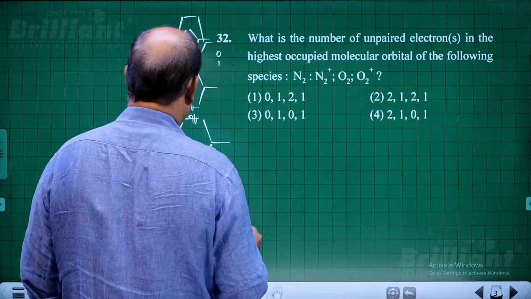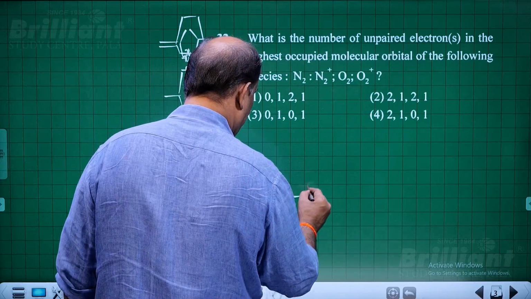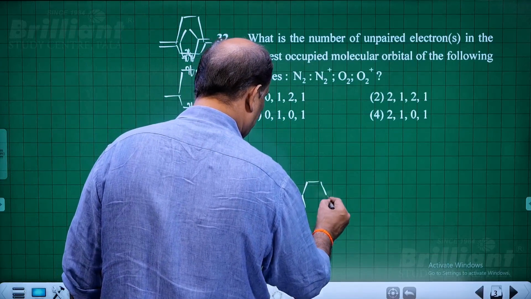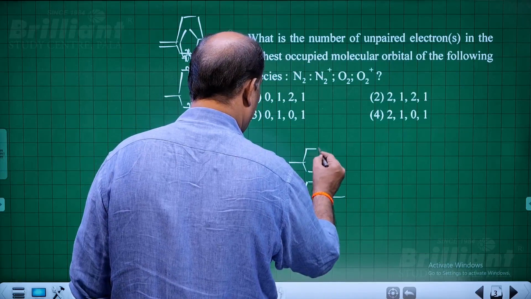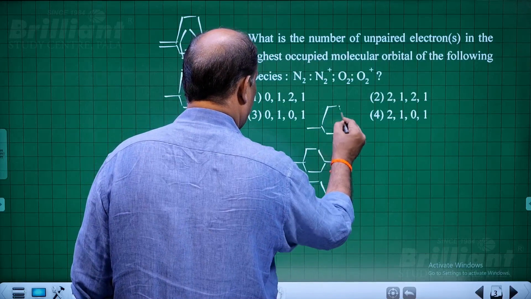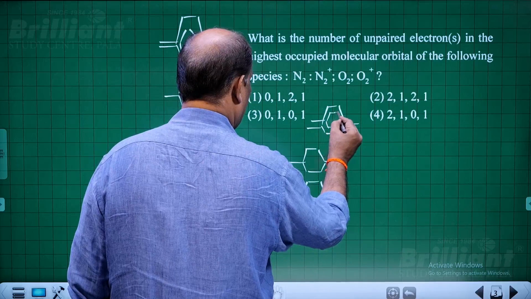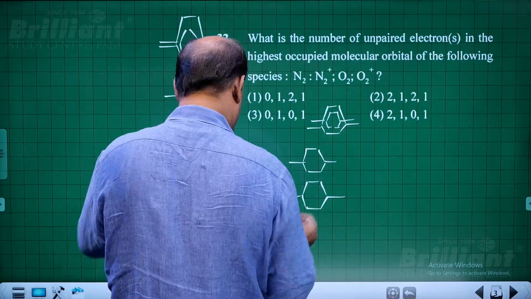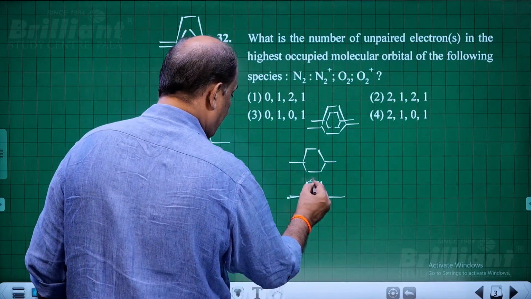O2. If at all you write O2 general electronic configuration. Now here 16.